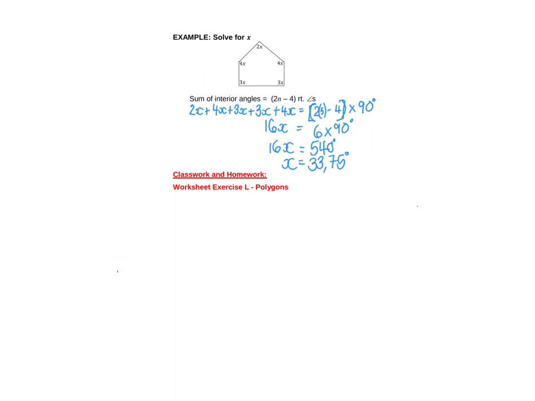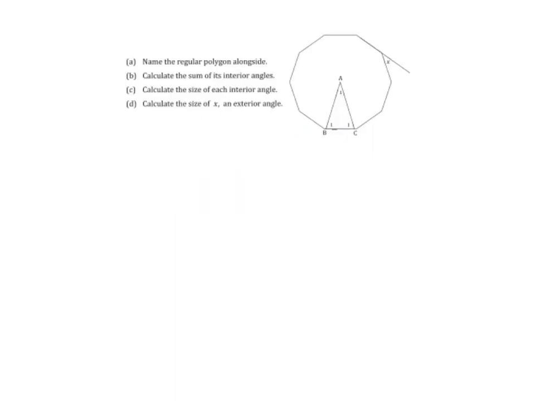Okay, so before you move on to exercise L, I'm going to add in another page and just do another example with you guys. I feel that that's really necessary. So in this example, we are asked a few questions about the polygon next to this, and it says name the regular polygon alongside, and if you count all the sides, we count 1, 2, 3, 4, 5, 6, 7, 8, 9, 10 sides.